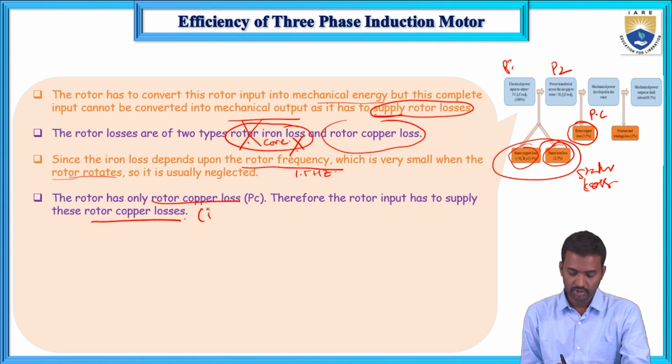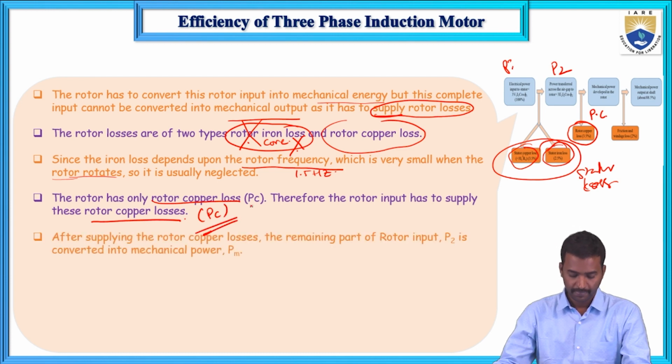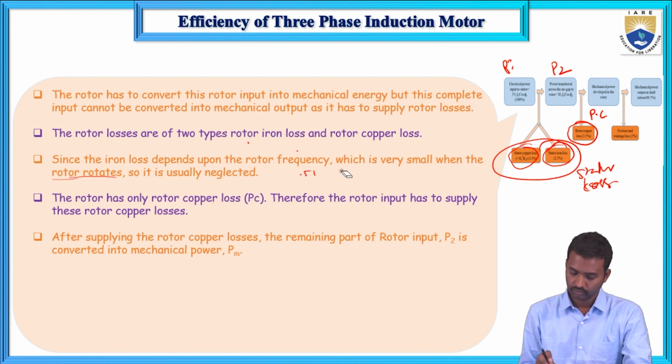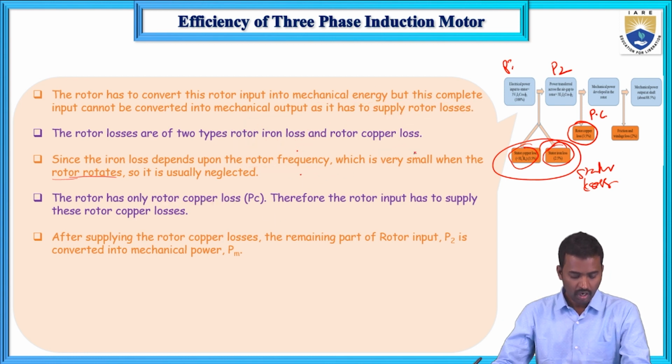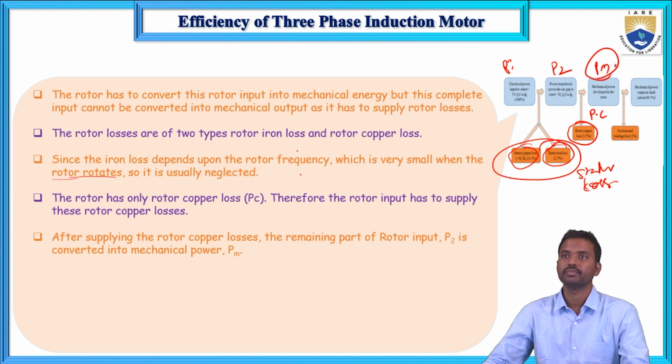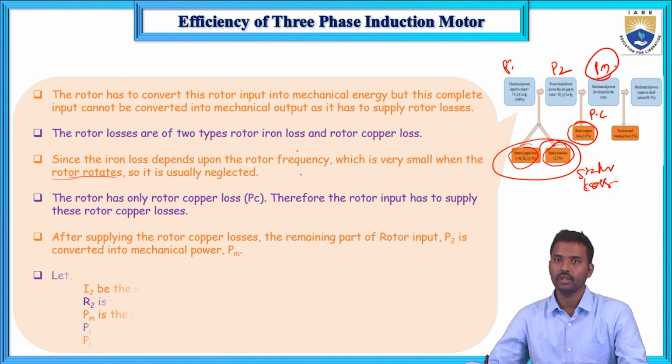These are represented with PC only. After supplying the rotor copper losses, the remaining part of the rotor input P2 is converted into the mechanical energy PM at the rotor only.